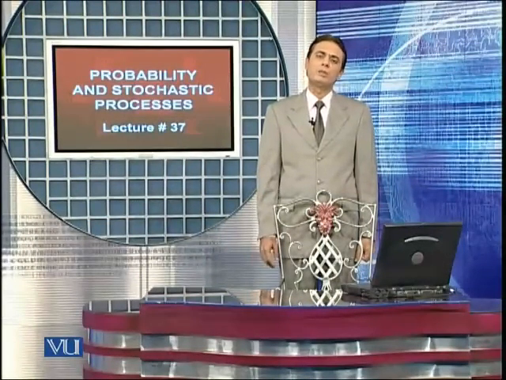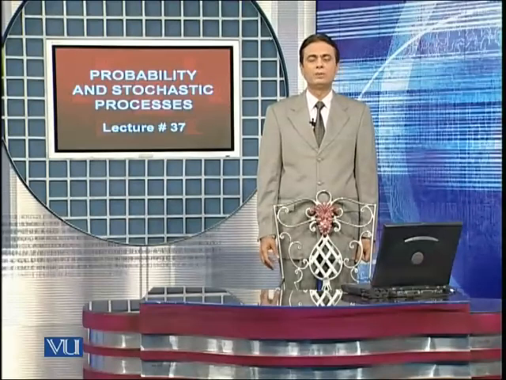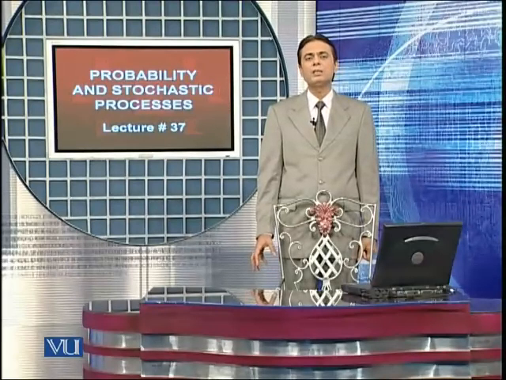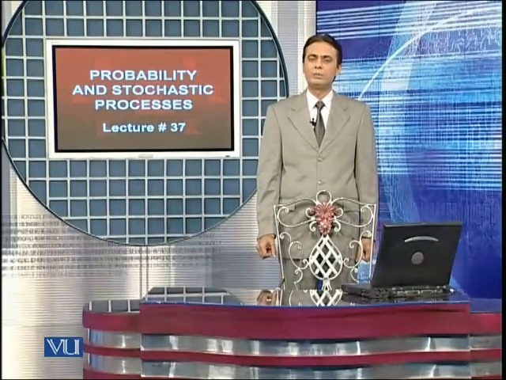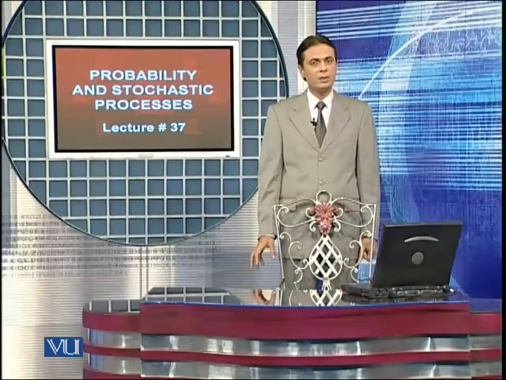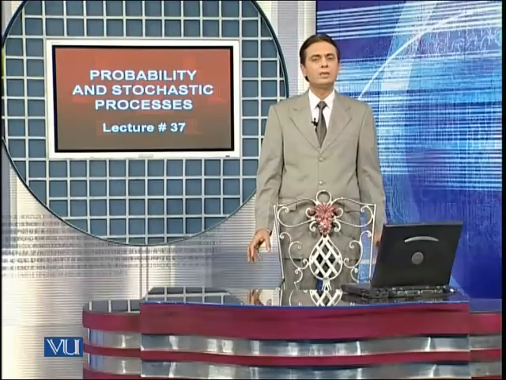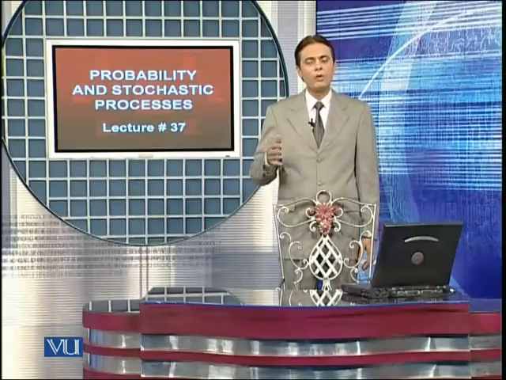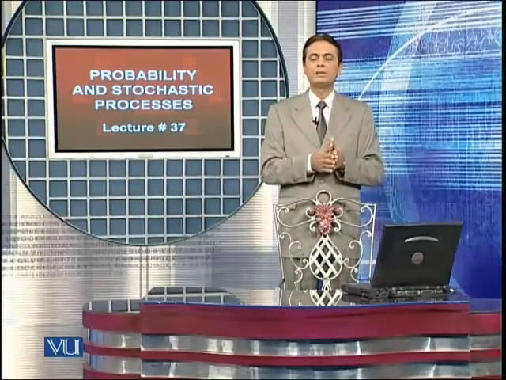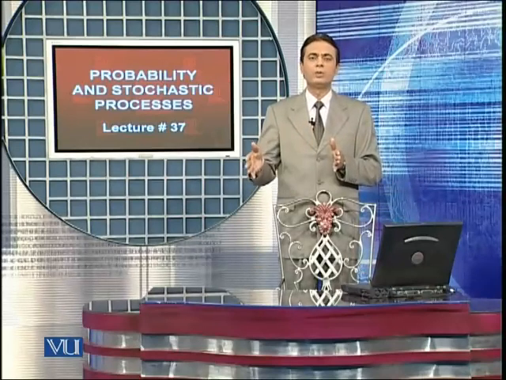We have been talking about Markov chains, which are a special collection of random variables. The special thing about this collection is that these random variables are well ordered. There is a first, there is a second, third, fourth.